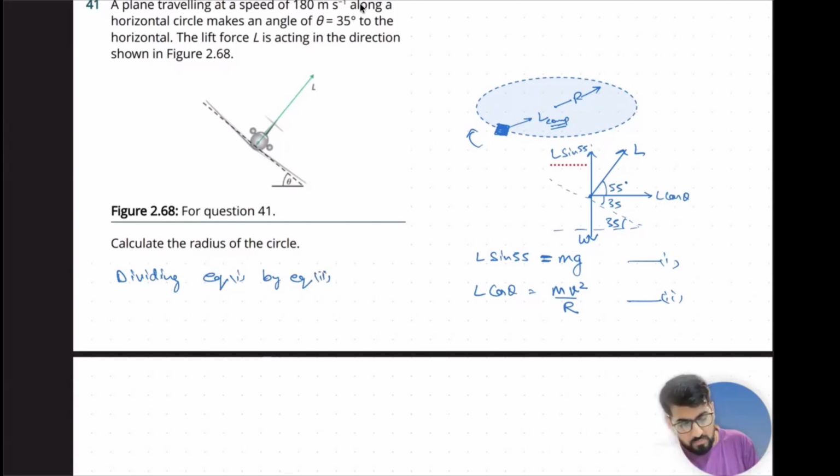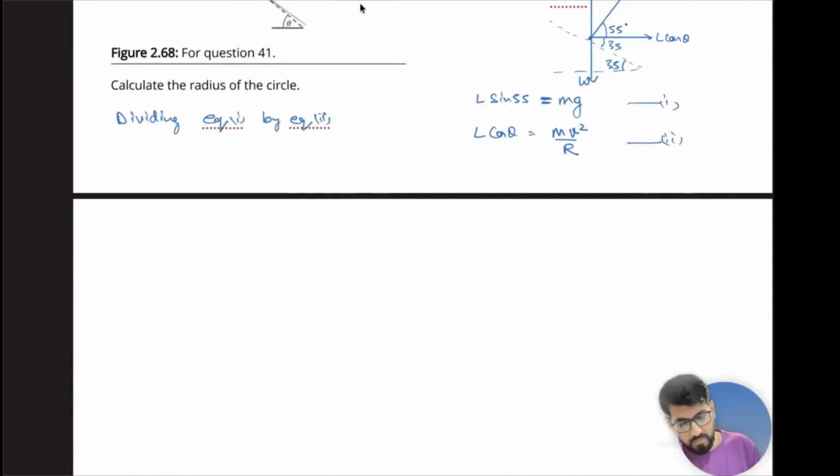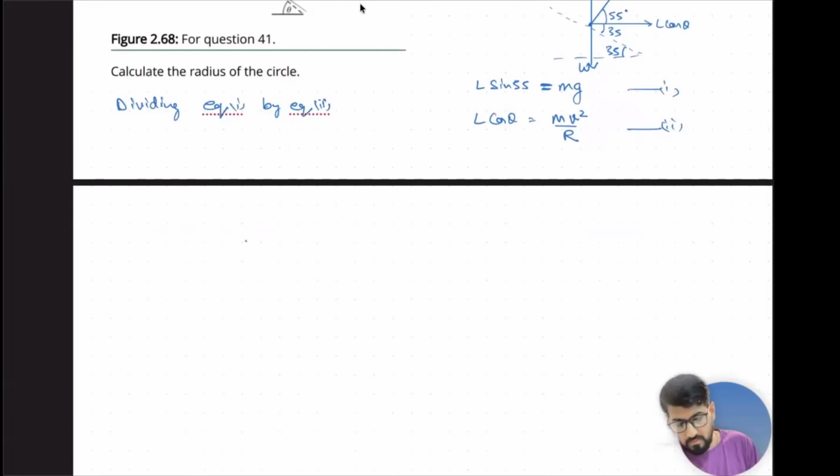So let me just copy it down like this, and then if I divide it, the L and L get cancelled, m and m get cancelled, and theta is 55. So sine 55 over cos 55, can I say tan 55?